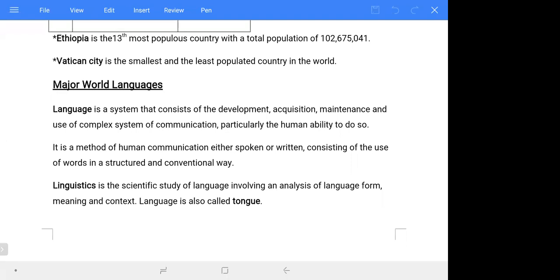But his blood is not related to the people who are native to Antarctica. There are no people who are native to that place. Am I clear? Okay. But sometimes when we say native, literally, it means people who lived in that place for many years.